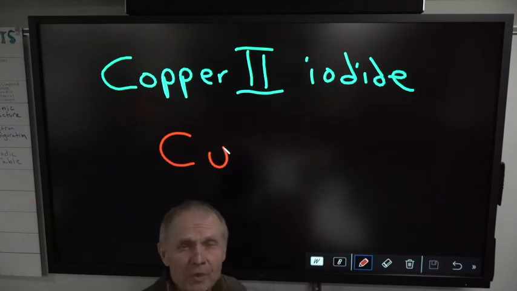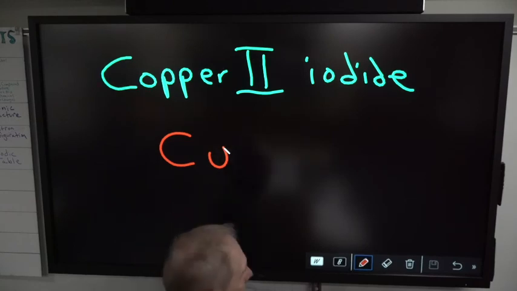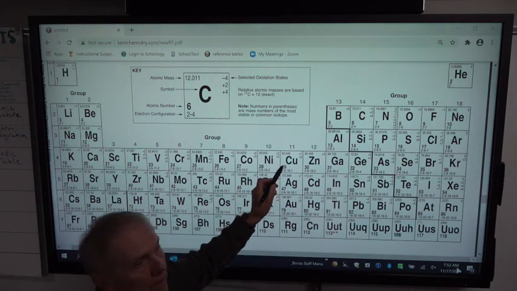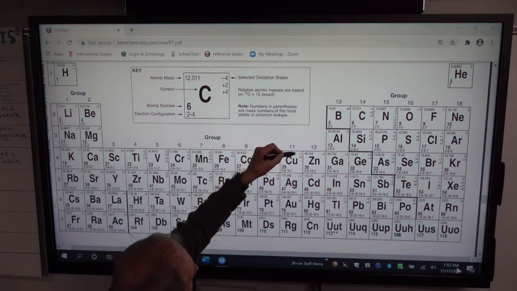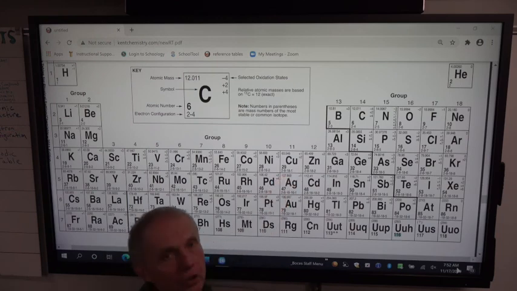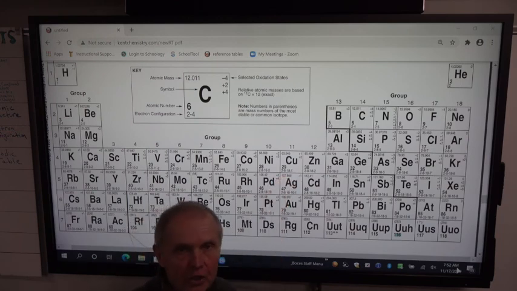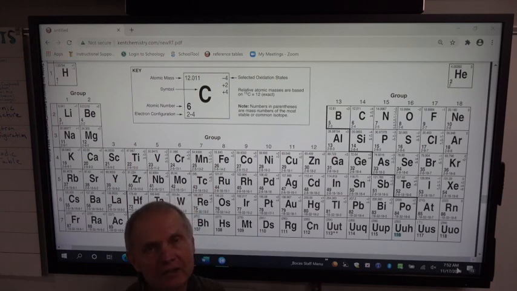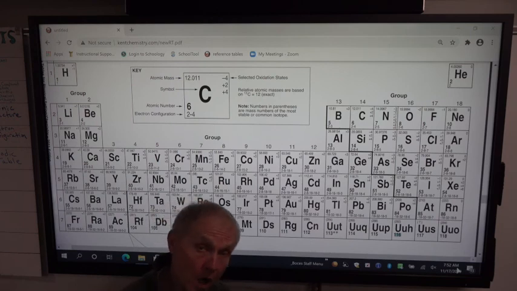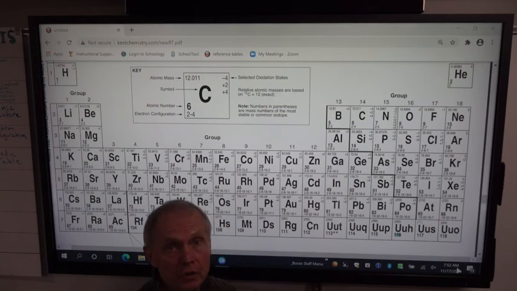What does that Roman numeral 2 mean? Well, watch. If I'm looking at copper right here, copper can either lose 1 electron or lose 2 electrons. So copper Roman numeral 2 means copper plus 2. It doesn't mean take the second charge down. Whatever the Roman numeral is, that's the positive oxidation state. So copper can be either copper Roman numeral 1 or copper Roman numeral 2.